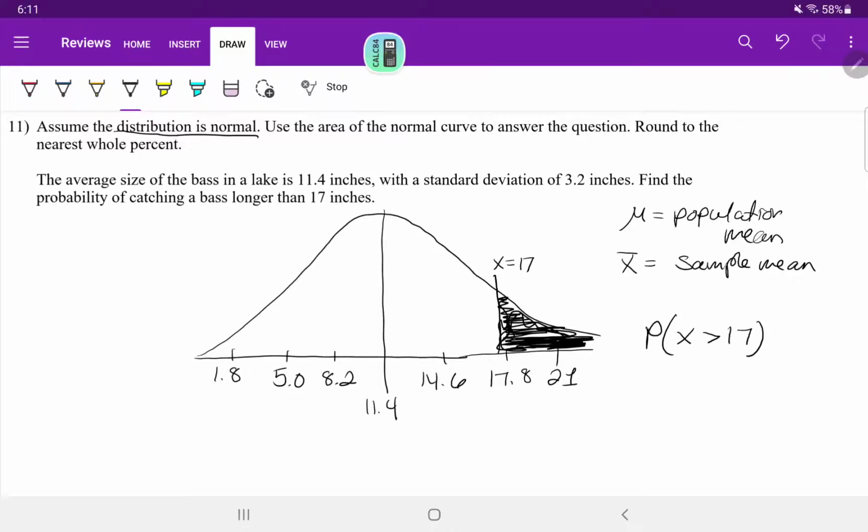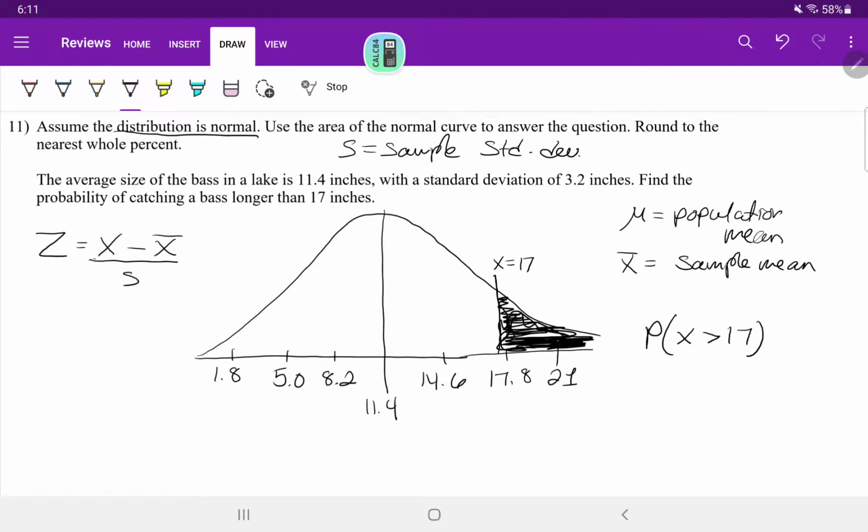We can convert our raw data into standardized data by using the z-score formula. So z is equal to, in this case, x minus x bar, which is the mean, divided by s, which is the sample standard deviation.